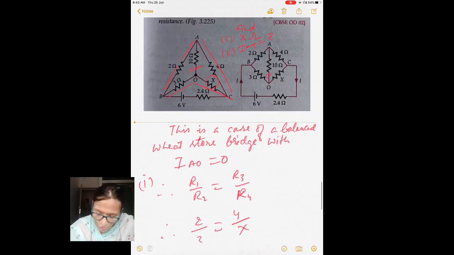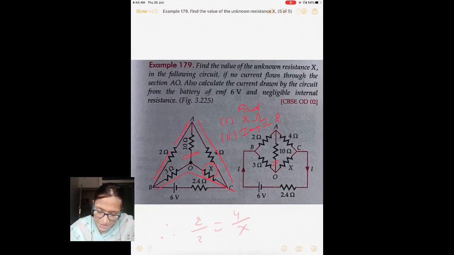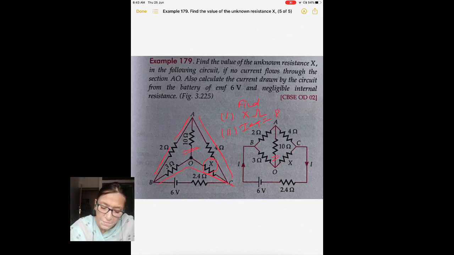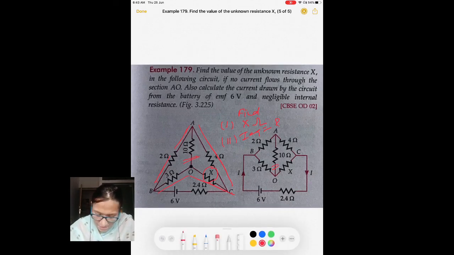So in this very circuit we should assume that there is no middle arm. There is no middle arm. And then we need to find the equivalent resistance.